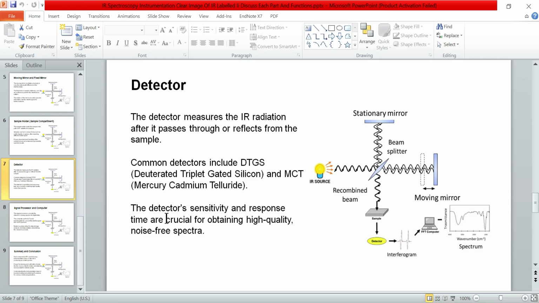Response time and the sensitivity of detectors are very crucial for obtaining high quality spectra, for getting exact results. So the detector is very sensitive, and the time is also very crucial to obtain the exact result. I suggest all of you handle the detector very effectively to get the exact result, a very accurate spectrum.